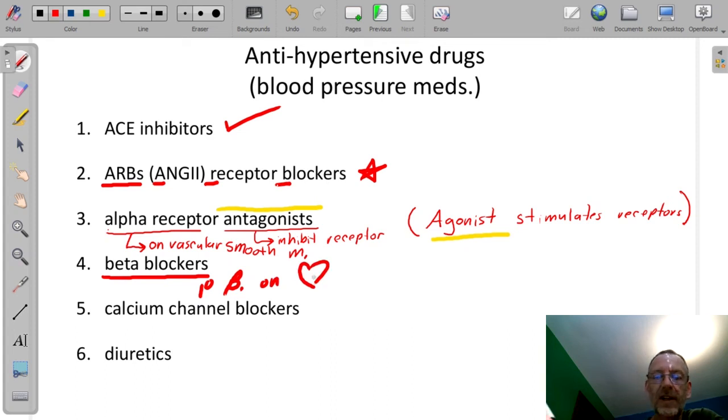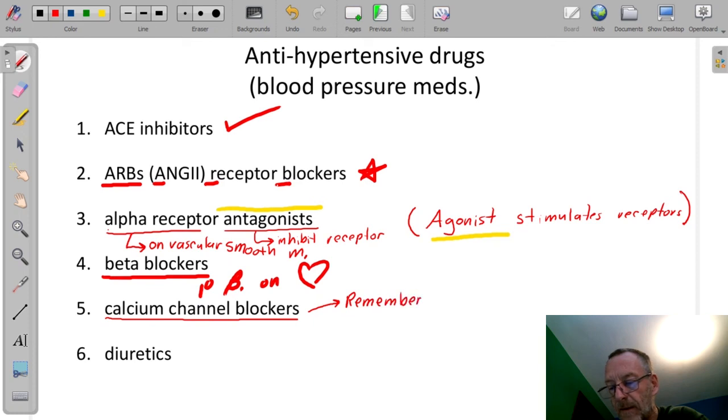And then we have calcium channel blockers. And the idea here is that calcium is necessary for all muscle contraction. Let's put a little remember note here from ANP1, that in skeletal muscle, where's the calcium?